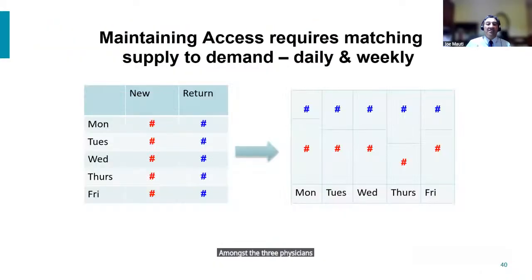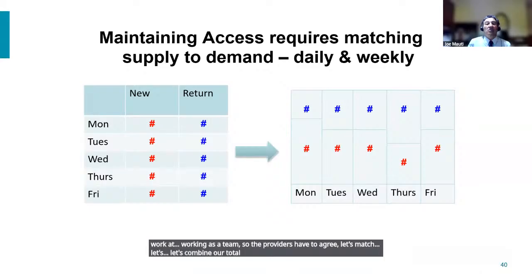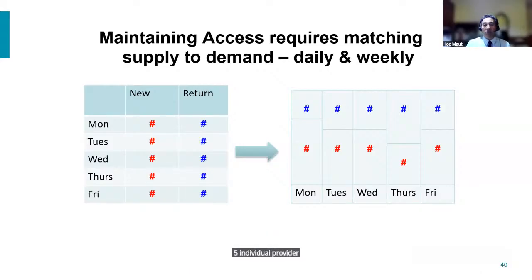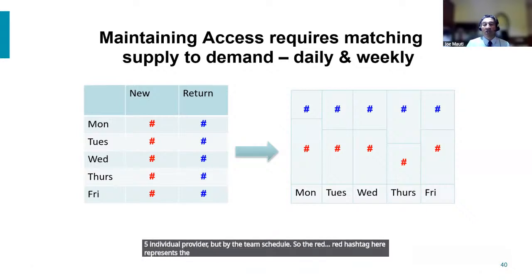This way, we continue working as a team. So the providers have to agree, let's combine our total supply. So that way, as a request for an appointment comes in, the scheduler doesn't schedule by individual provider, but by the team schedule. So the red hashtag here represents the ratio of new visits.